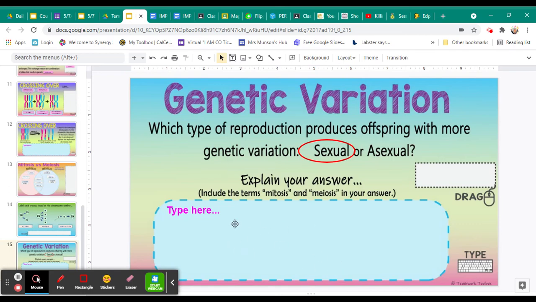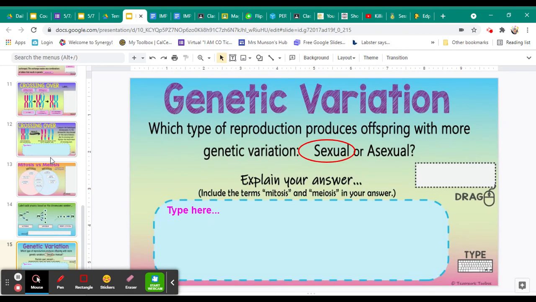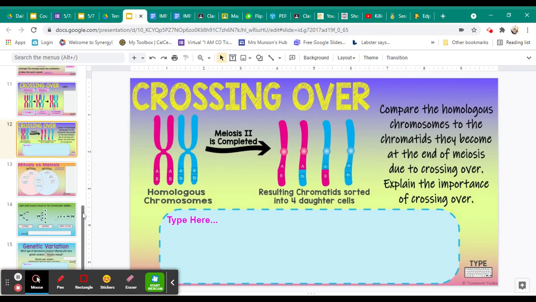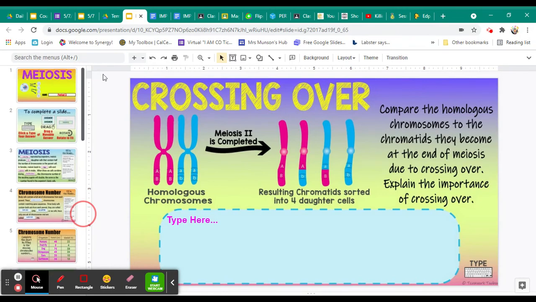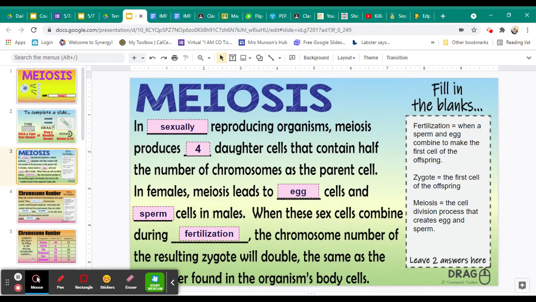So there's just 2 parts that I'm having you do on your own, right? The 2 answers. This answer on this page, slide 13, and this answer up here on slide 12. So you guys are going to type out your own answers for that. Hopefully you will have developed an understanding. If you need a refresher, go back through the slides from the beginning and read.